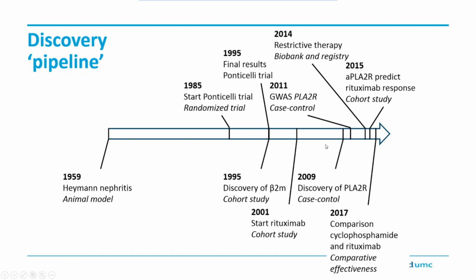So the other point I wanted to drive home here, and I showed this in the italics, is that no research design, no technology is sacred. You need them all. You need the animal models, you need the randomized trial, you need the cohort studies, you need the GWAS, you need the comparative effectiveness studies, because all of them together help piece the puzzle of the best treatment possible for people with a rare kidney disease.